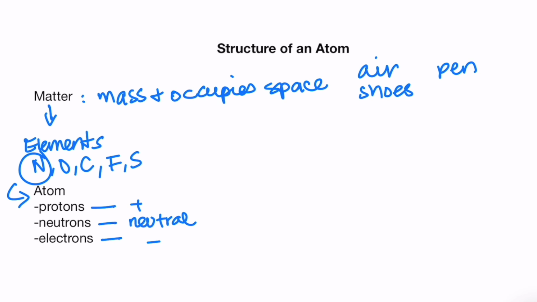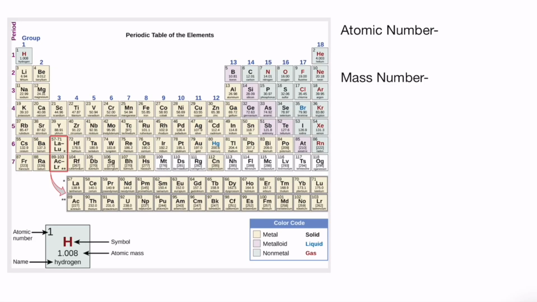Let's take the example of carbon. If we go to the periodic table and we look at carbon right here, it says C, and then 6 on the top and 12 on the bottom.